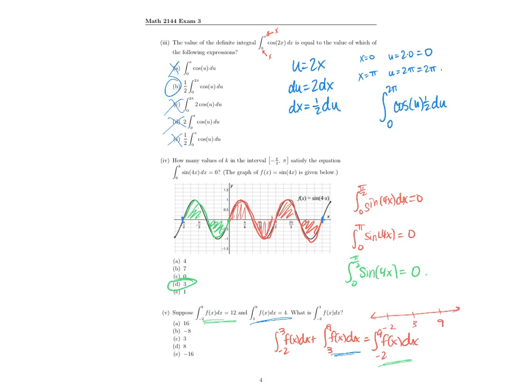And then this is the one I want to find. Okay, so all I do is plug in the values. So integral from -2 to 3 of f of x dx plus 4 is equal to 12. So I can subtract the 4, and I get that the integral from -2 to 3 of f of x dx is equal to 8. So I'll put that there.